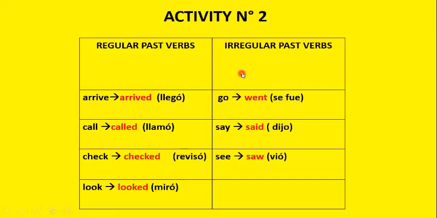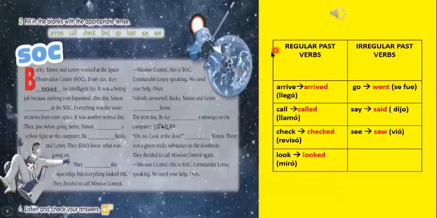Yes, look at please here. Okay, so once that you know all of these regular and irregular verbs, entonces tu única misión de COC es completar los verbos acá que están en pasado con su espacio en blanco, right?